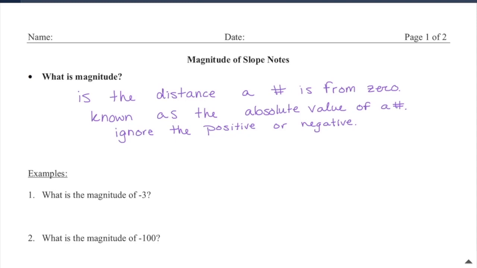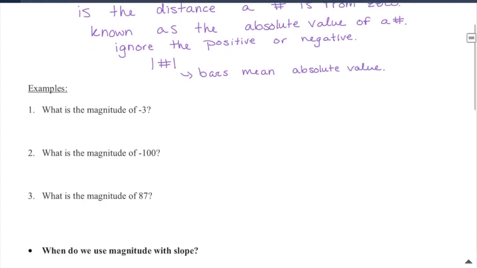Essentially, magnitude looks at the size of something, or the size of a number. Absolute value is written like this. The bars mean absolute value. Let's look at some examples.